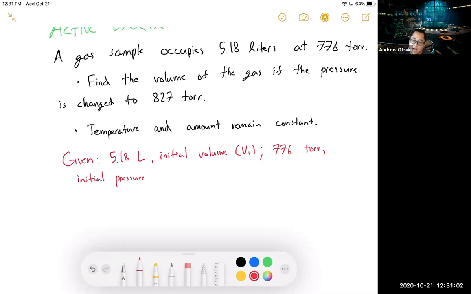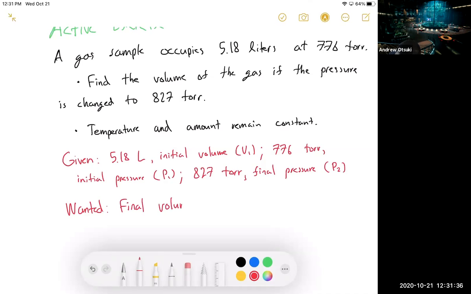The only unit you have to change is temperature if it's given in Celsius. So that's our initial pressure, P1 here. And then finally we have 827 torr, which is our final pressure, P2. And what we want is the final volume, V2.